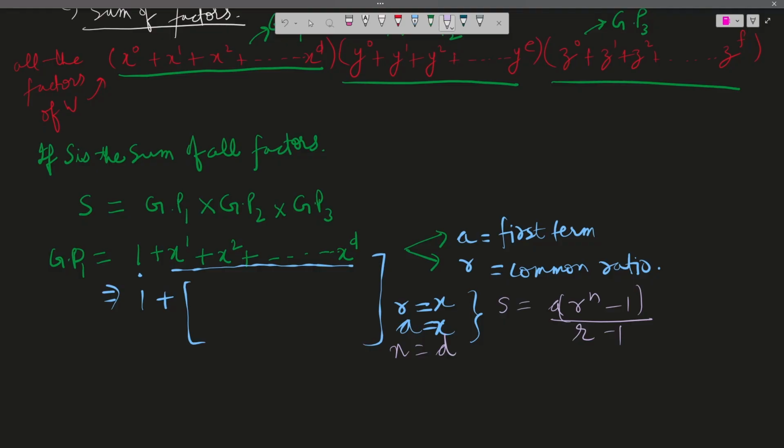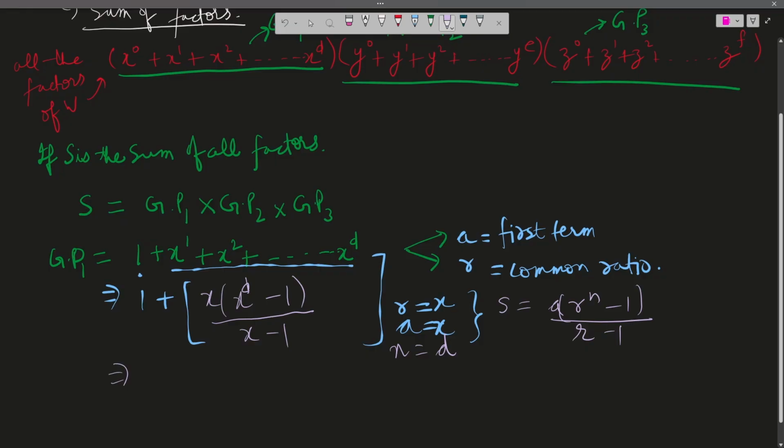So I can say that A, which is x, into R to the power n, which is x to the power d, minus 1 divided by x minus 1, right? This will be the GP1 sum.